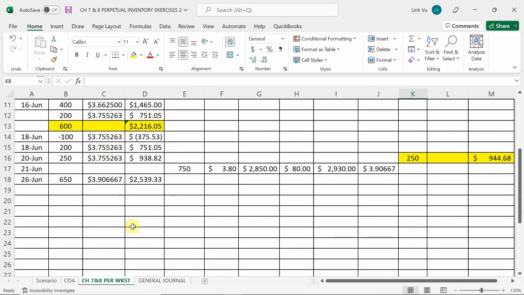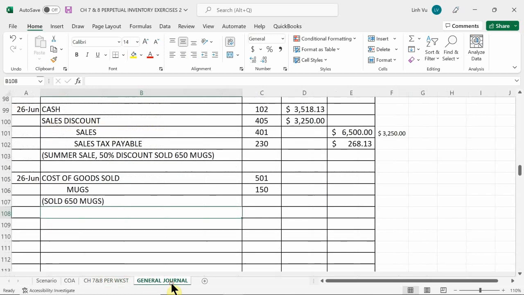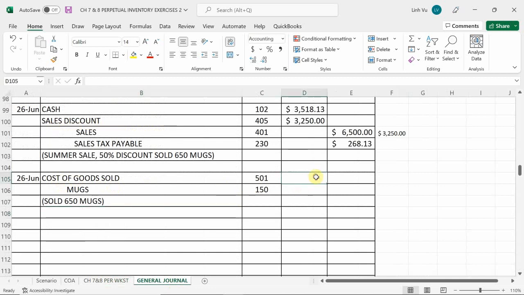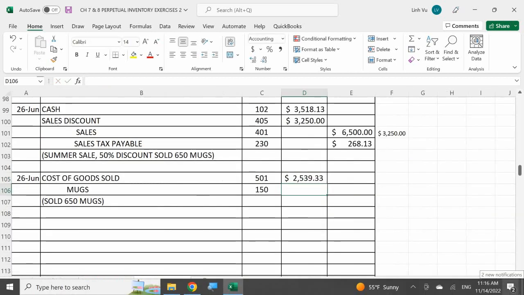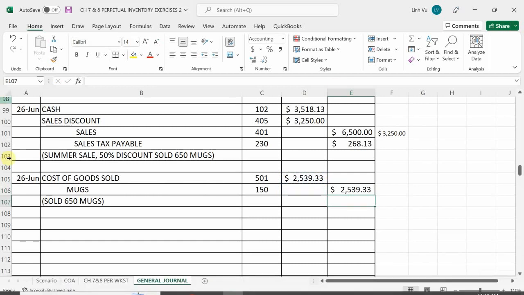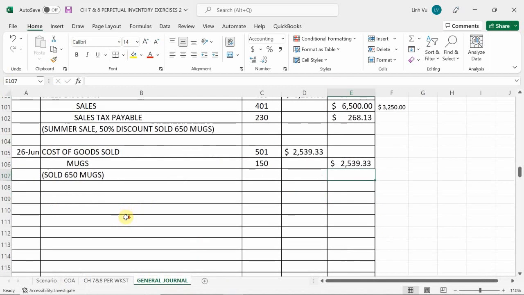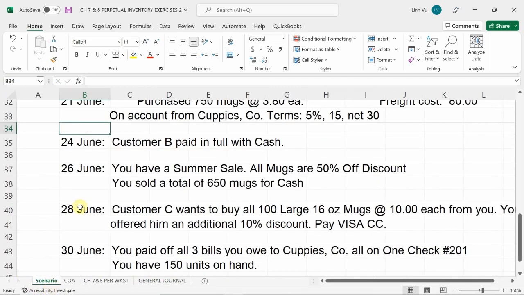I have a total of $2,539.33. So in this case, I'm just going to cell reference from my worksheet. $2,539.33. Okay, so let's see what happened next.